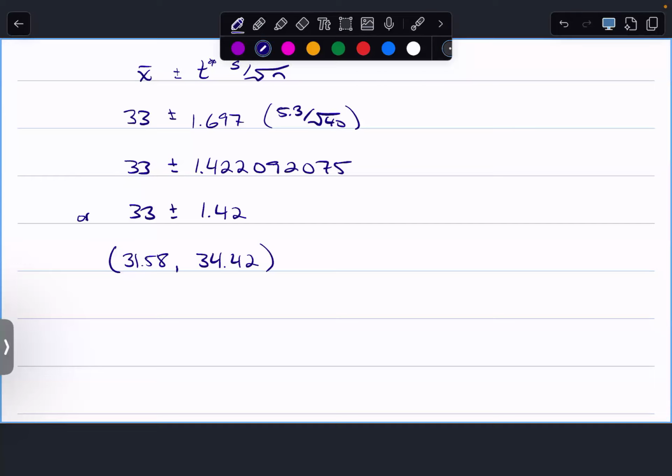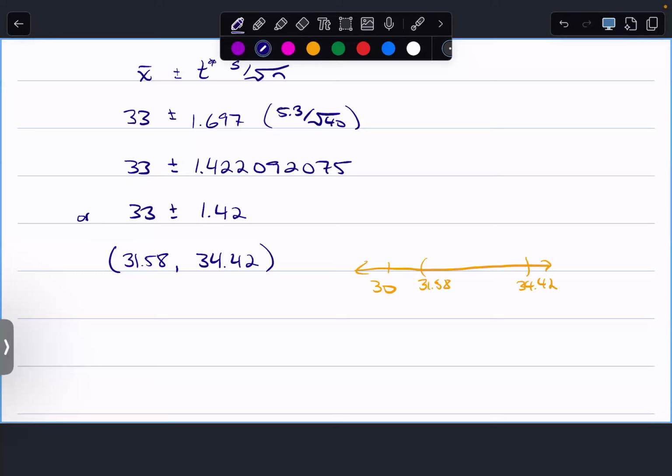If you think about it this way, 31.58 to 34.42, well, 30 is down here. Because it's entirely above 30, you have enough evidence to reject H naught that mu is equal to 30. So we could still use the confidence interval.